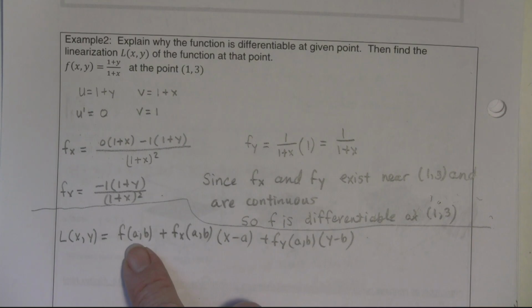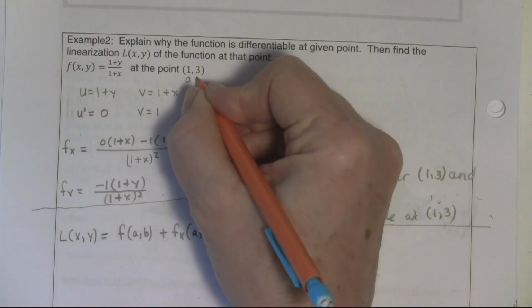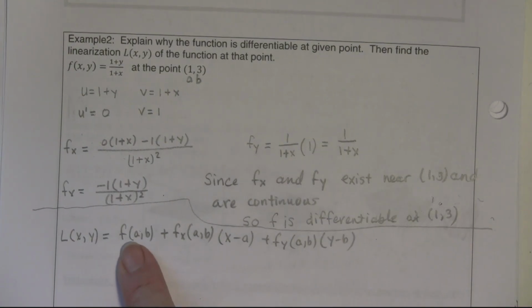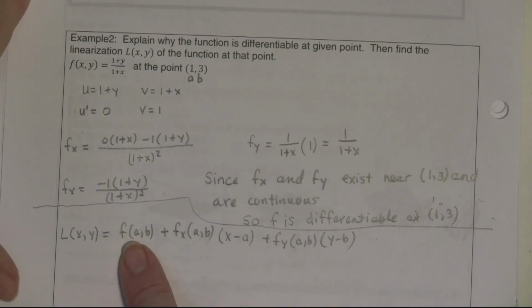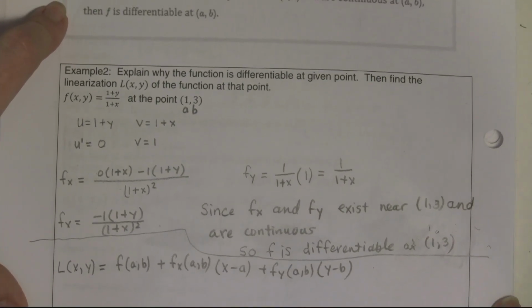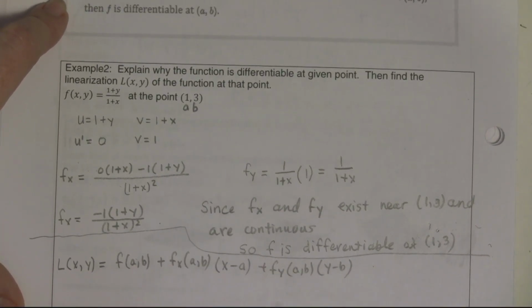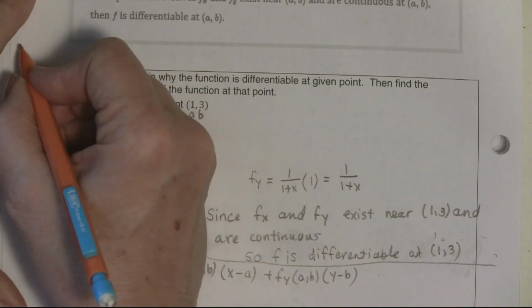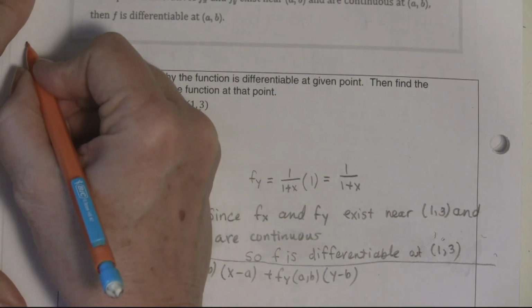Now our (a, b) here is (1, 3). And so the first thing I haven't found is f at (a, b). I'm kind of out of room, and I wanted to put something else down here, so I'm just going to put it right here. I'm sorry, I always do that.